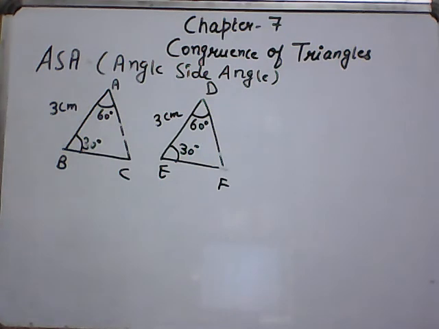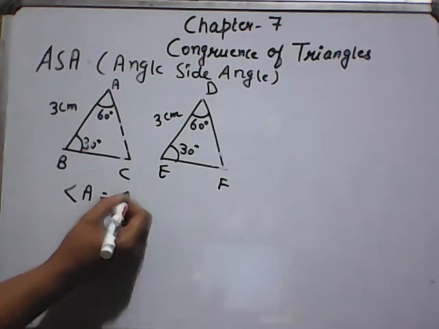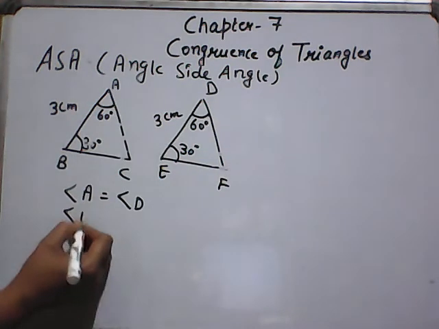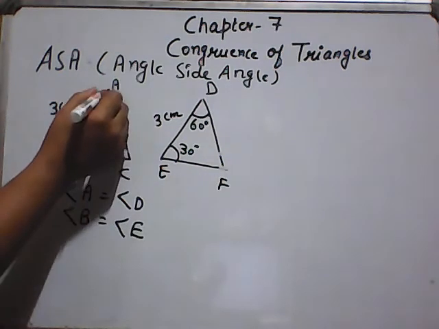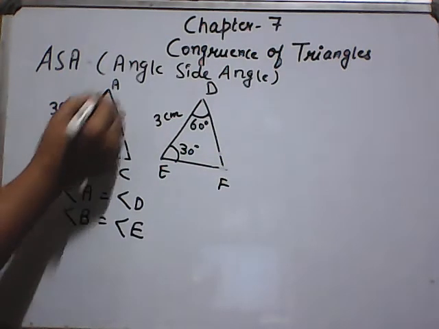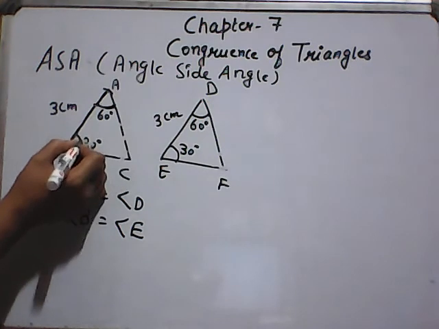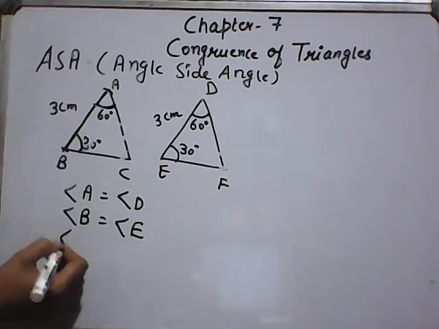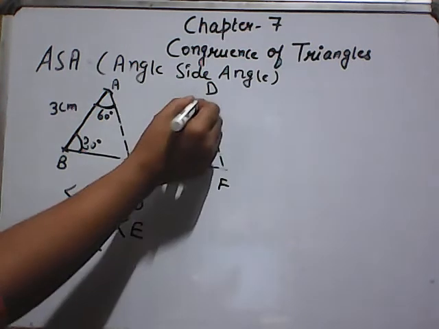Suppose we have two angles. Angle A is congruent to angle D. Angle B is congruent to angle E, and the side containing these two angles, AB side contains angle A, AB side contains angle B, is equal to side DE.